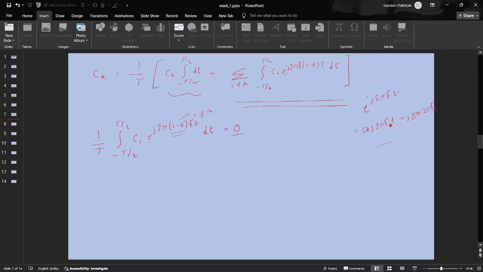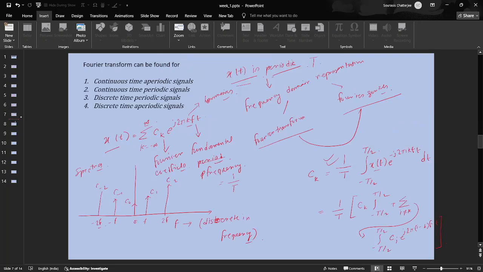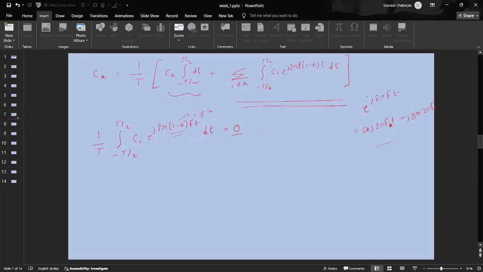Let's say this 1 over T is a constant, so let's forget about that. c_i is a constant, let's forget about that. Let's focus on this term. Does this function have any specific property, based on which you can claim that when it's integrated over an interval of T, it should go to 0? Anything you can see here?